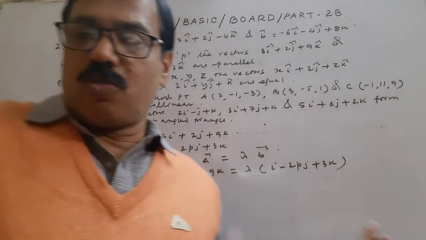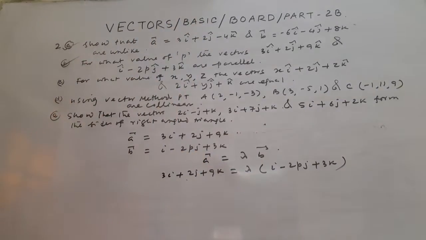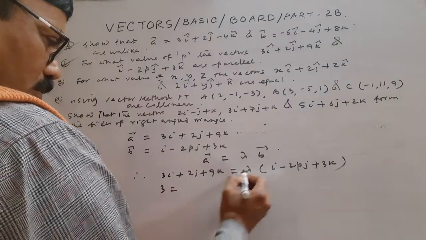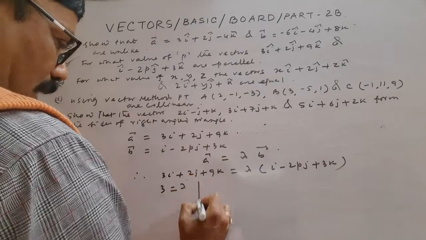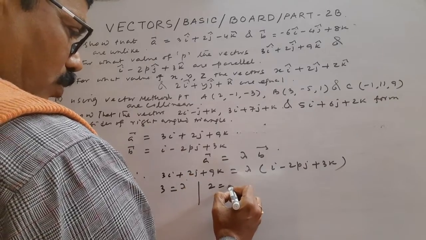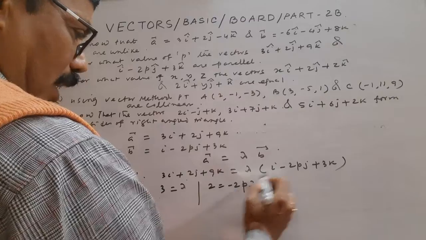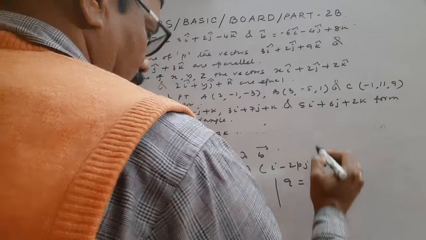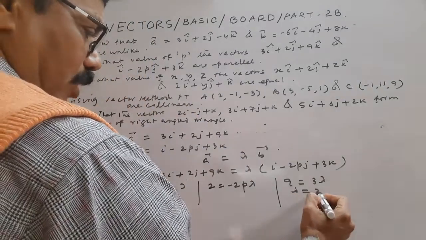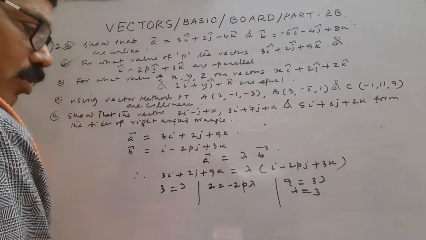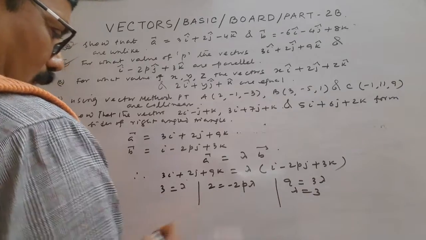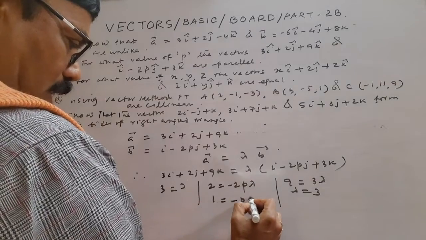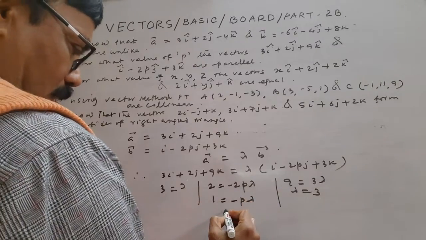So equating components of i, j, k, what are we getting? Components of i: 3 equals lambda. Then 2 equals minus 2p lambda, and 9 equals 3 lambda. So here also lambda equals 3. Put the value of lambda: 2 equals minus 2p lambda, so 1 equals minus p into lambda.